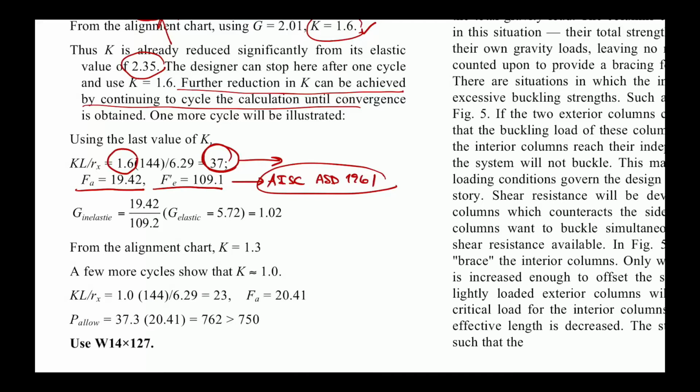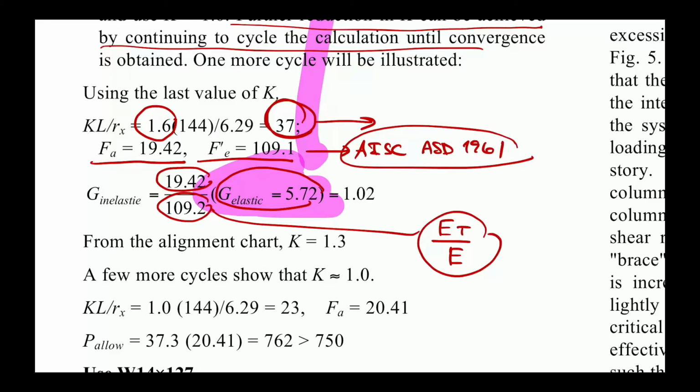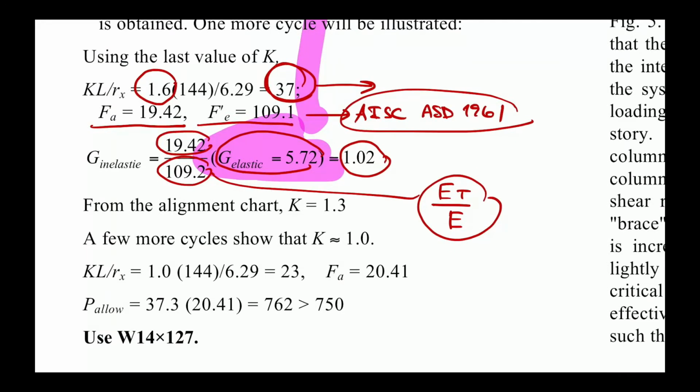Once you get these two, you plug them in to get the estimation of ET over E, and then you multiply by the G value, which is the elastic one, taken from here. Okay, because the elastic G. Good to know that. Okay, thanks Navindra. So the elastic G multiplied by the ratio, you end up with 1.02. This is the G inelastic.